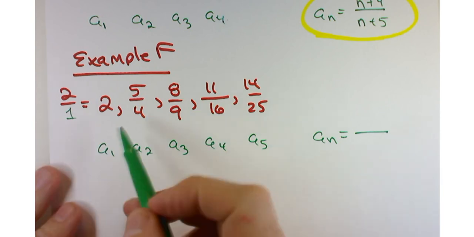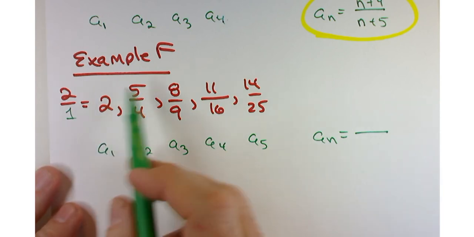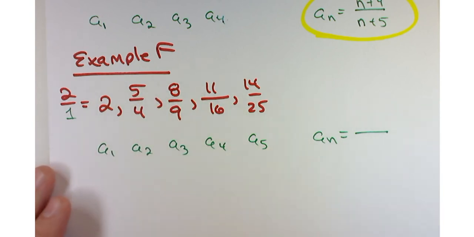I will note for you that each of the numerator terms is 1 less than a multiple of 3. So like 11 is 1 less than 12, 14 is 1 less than 15, etc. So there's a little hint there for you. But give that a shot. See if you can come up with it.